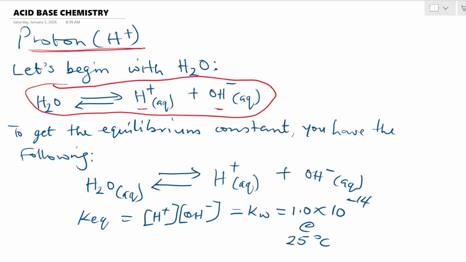We say it could be anything. It could be Ka for the acid constant, it could be Kb for the base constant. So in this case it's the water constant, and we have it at 25 degrees centigrade as 1.0 times 10 raised to the power minus 14, and that relates to the p scale that we talked about.